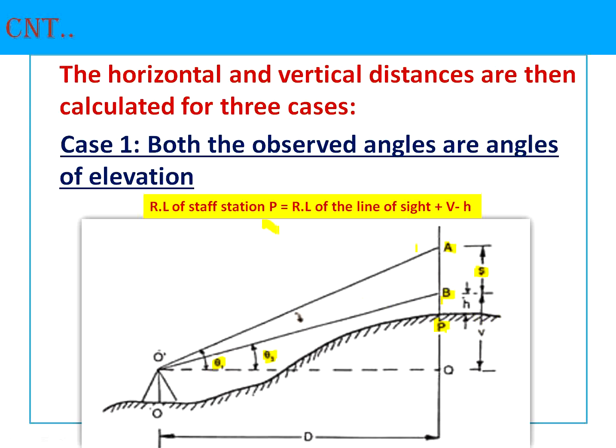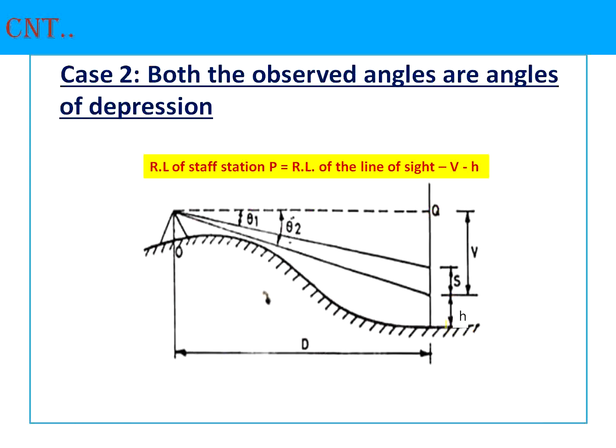So the RL of staff station P is given by the equation: RL of the line of sight plus V minus H. The RL of the line of sight means the one corresponding to Q. That RL of this Q plus this distance V and minus H will give the RL of staff station P. Now in the next case, you can refer to this figure.